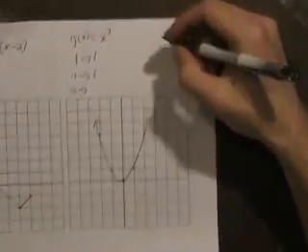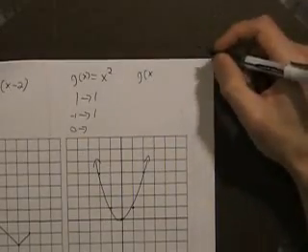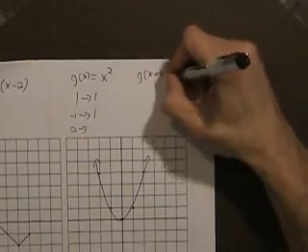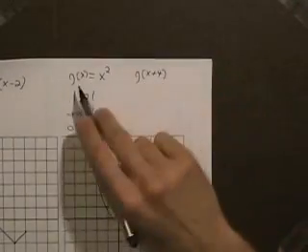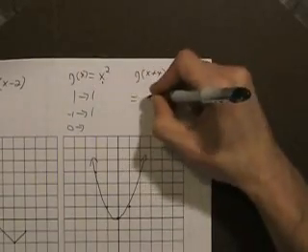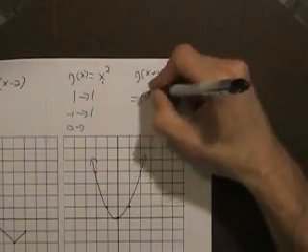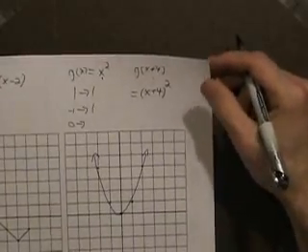Well, what happens when I evaluate g of, say, x plus 4? What's that going to be? If g of x is x squared, g of x plus 4 is going to be x plus 4 squared. Now, what's that going to do?